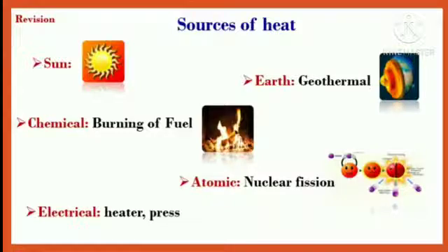A huge amount of heat is produced in a very short time when the nuclei of some elements like uranium, thorium, etc. undergo fission, and this is used in atomic energy projects. And air: a large amount of heat is present in the air around us. So, air is also a source of heat.